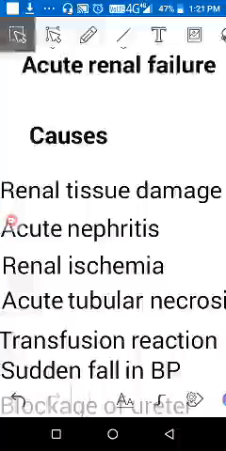And the third one is renal ischemia. What is renal ischemia? Ischemia means blockage of blood supply. If there is any deficiency of blood going into one or both of the kidneys, it is termed renal ischemia. Usually it is by constriction or obstruction of the blood vessels.